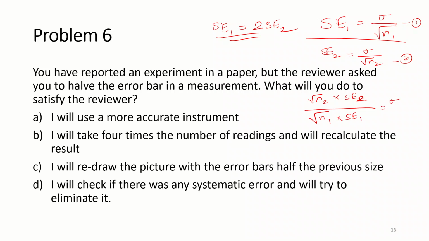I have cross multiplied, and sigma and sigma, the population standard deviation, will be the same, so cut it. Now in place of SE1, we will put 2 SE2. So root n2 into SE2 over root n1 into 2 SE2.